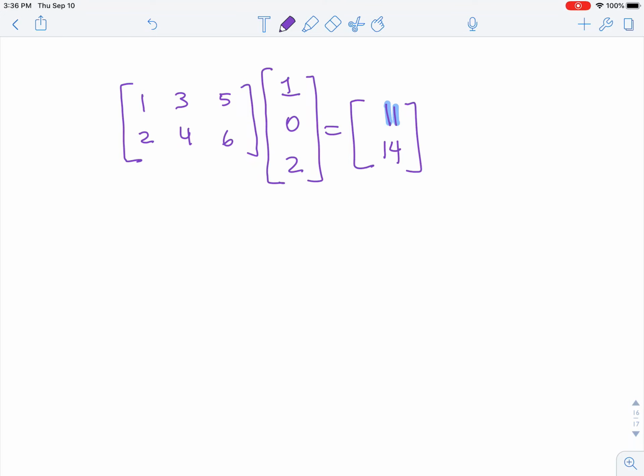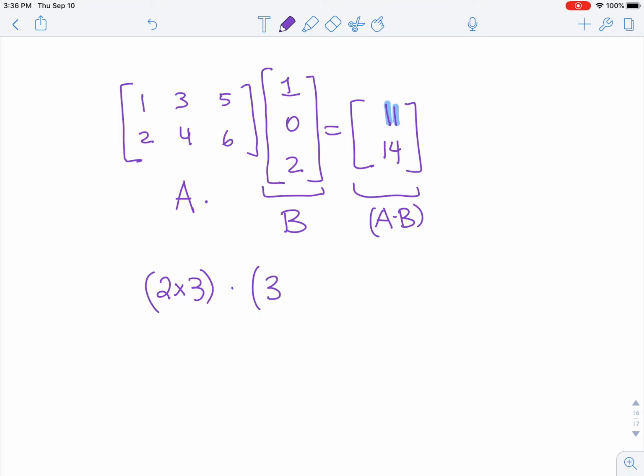Well, what did we just do? We just multiplied two matrices. And what were their sizes? Think of this as our matrix A, this is our matrix B, and this is their product, A times B. What were the sizes? Well, A was 2 by 3. B was 3 by 1. And the product was 2 by 1.